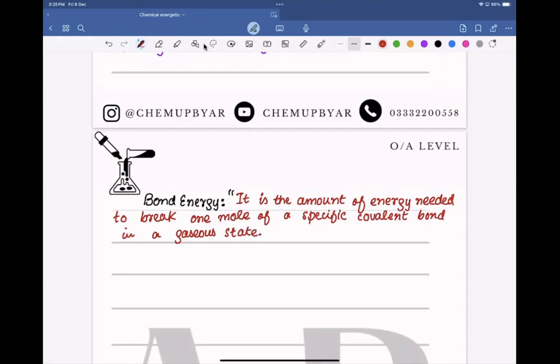That is important, being gaseous state, because if the molecule doesn't become gaseous, then the energy is basically used up to convert the state. So a molecule must be gaseous, the bond must be covalent, and as a result of absorbing the energy that we provide, if 1 mole of covalent bonds is broken down, then that is considered as bond energy. Is this clear to everyone? If any one of you has any confusion, you can ask, please.